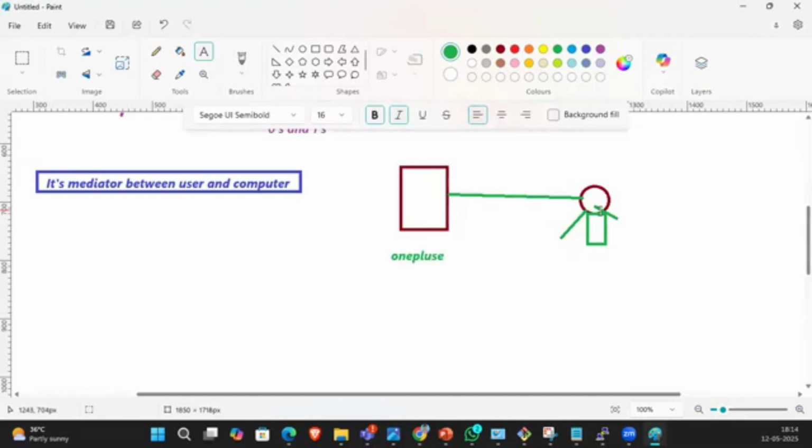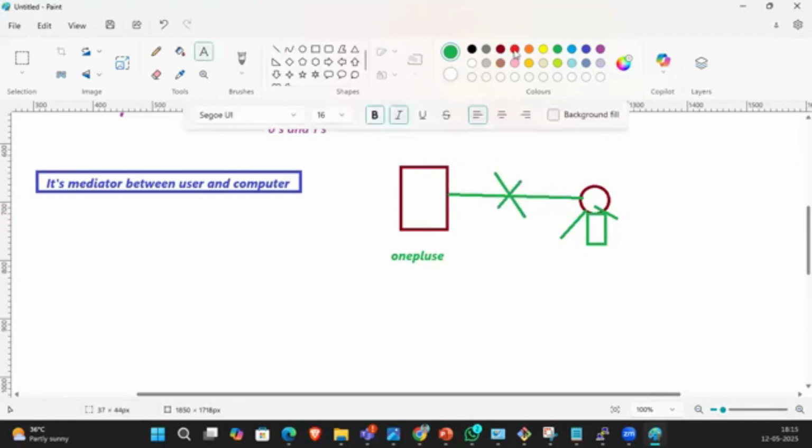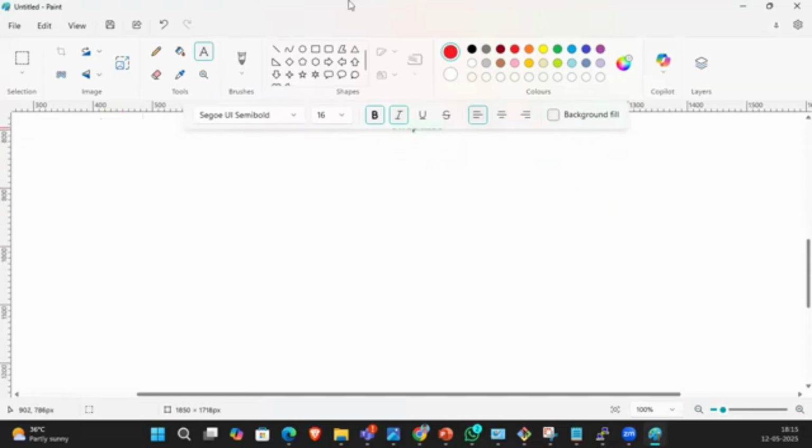Again, hardware knows only binary language and you know only high level language, English. So you both are unable to communicate with each other. We need an OS. The OS is Android. If you install the Android OS, then only can we communicate with this hardware, either OnePlus, Oppo, Samsung, whatever it may be.